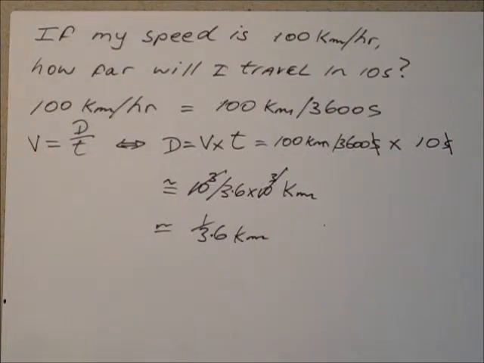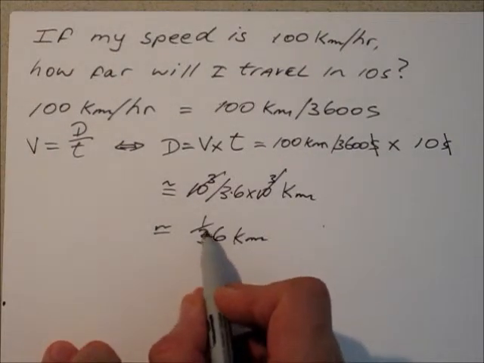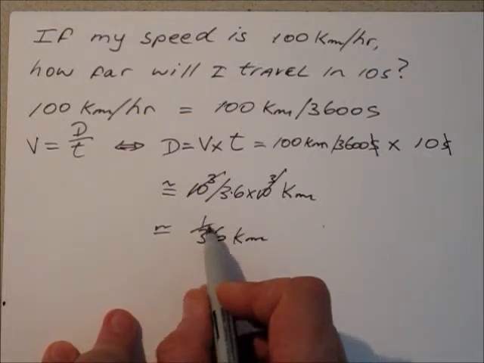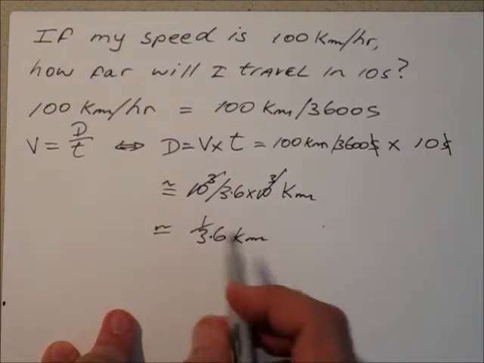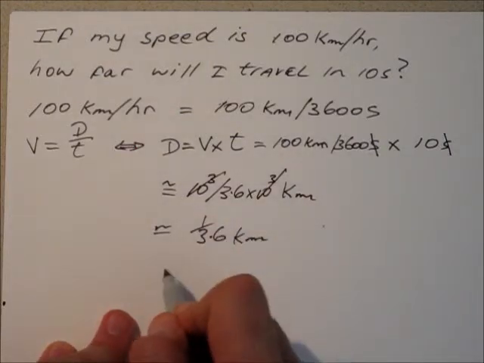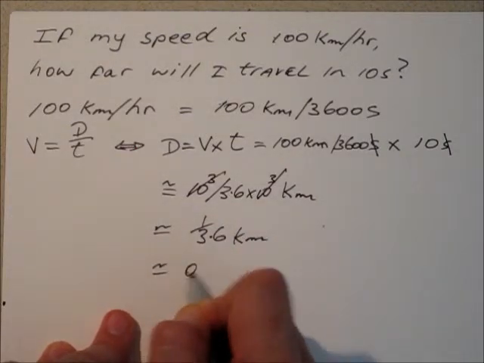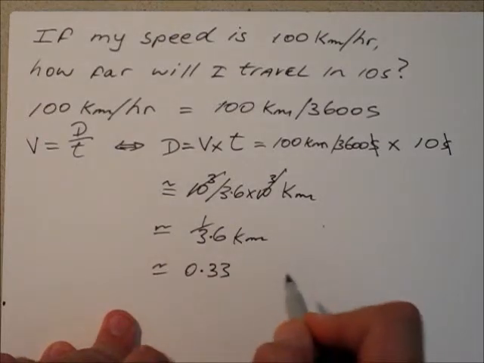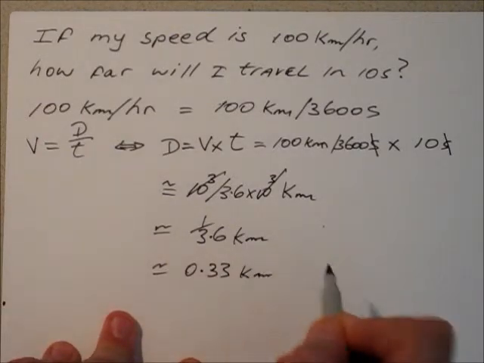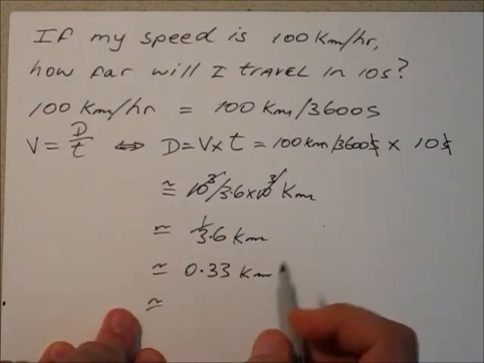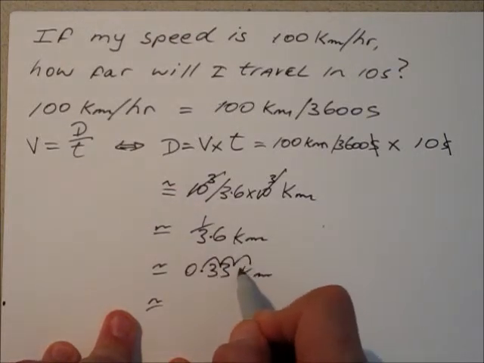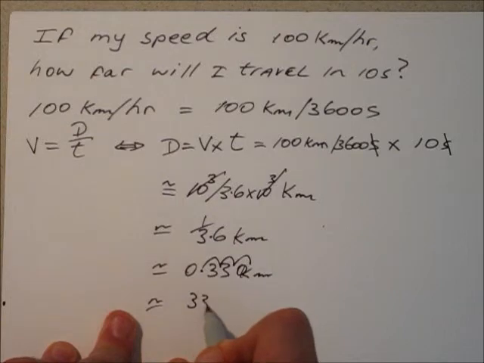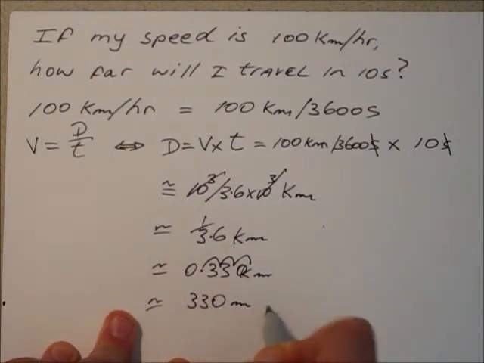Or what you could do is say roughly, well, 1 over 3.6 is close enough to 1 over 3.3, which is about a third, so that's approximately 0.33 of a kilometre, which is approximately equal to 330 meters.